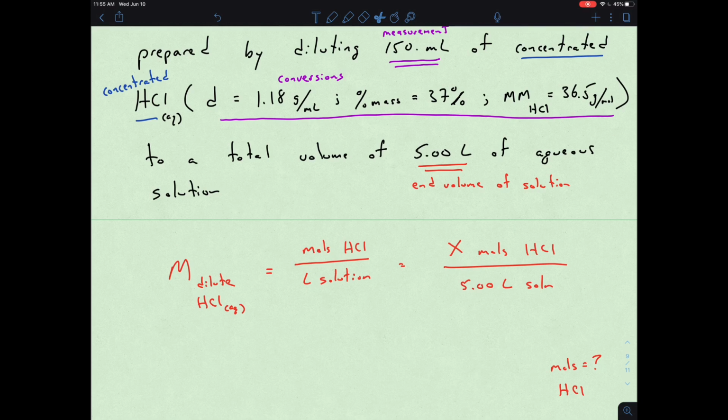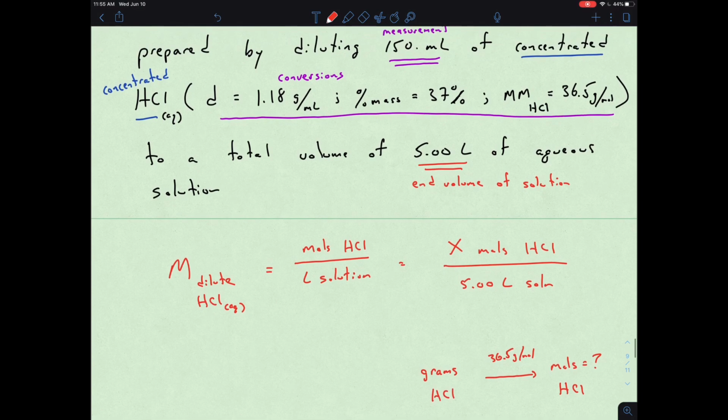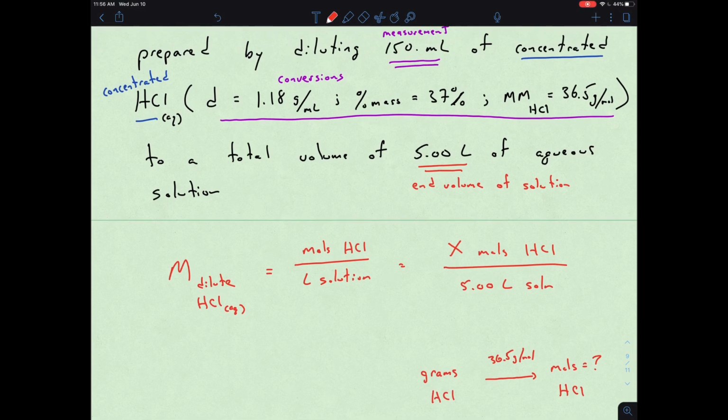We're just talking about a dilution. So another possibility is, well, I do know my molar mass is 36.5 grams per mole. So if I could get into grams of my HCl, that will be a way to then get into moles of HCl. So the question is how do we get into grams of that pure hydrochloric acid?